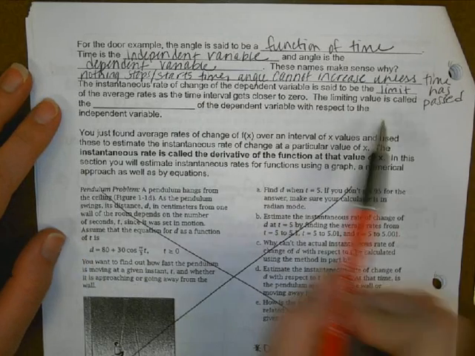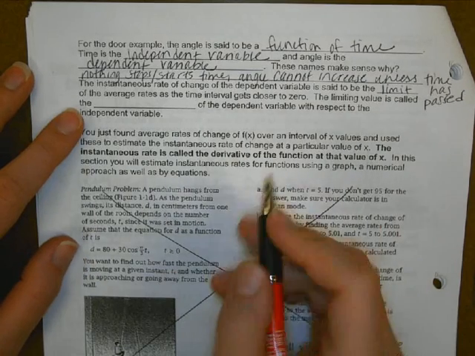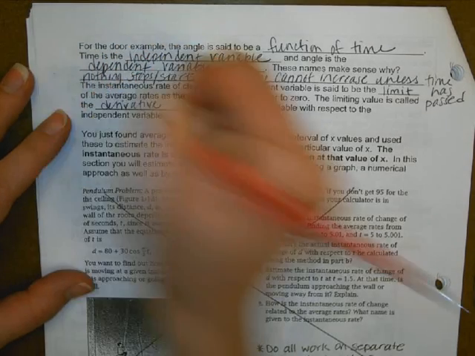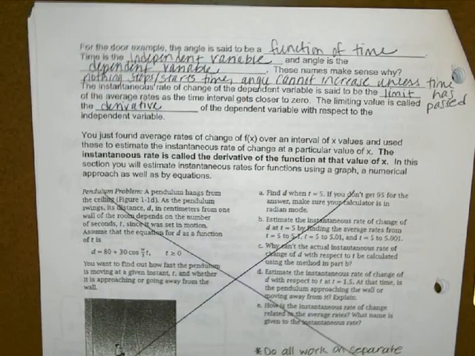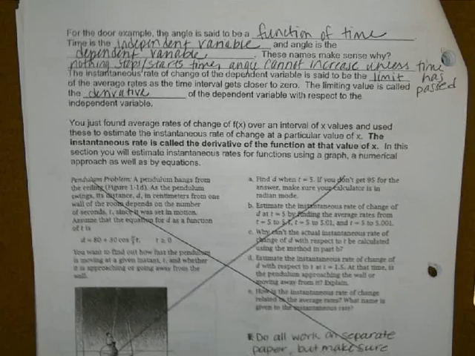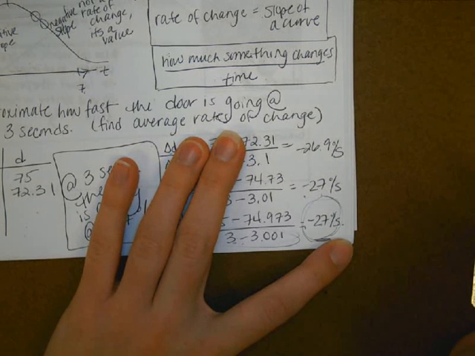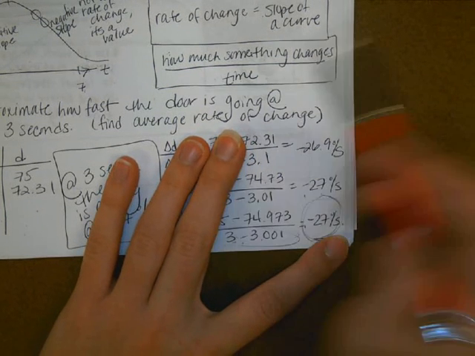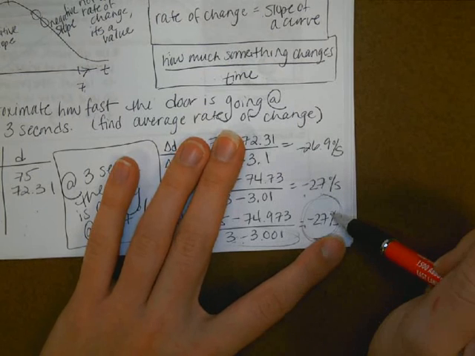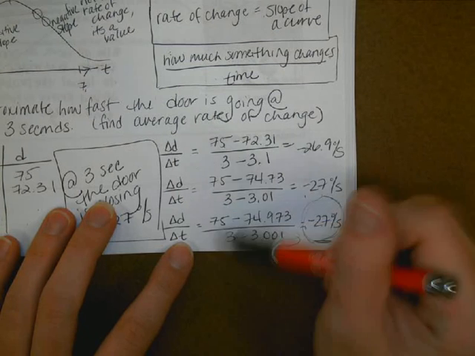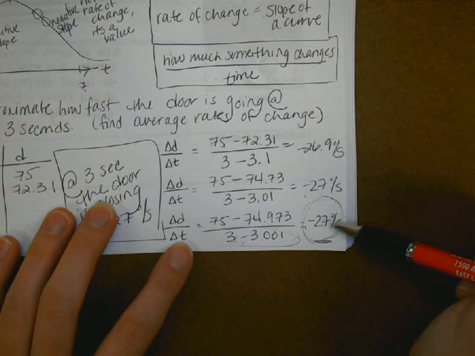The limiting value is called the derivative of the dependent variable with respect to the independent variable. So this value here that we found, it is the speed or the velocity of this situation, but that limiting value, which is what we would say if we looked at that as a limit, that is my derivative.